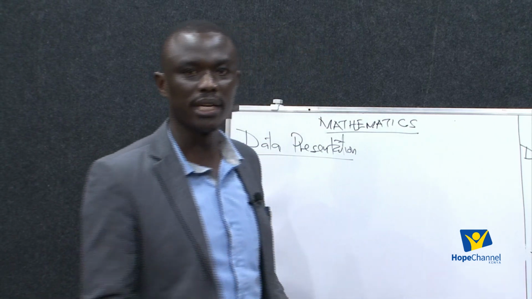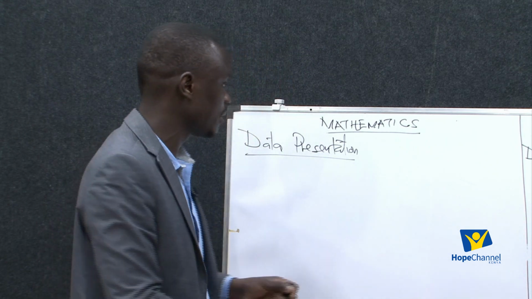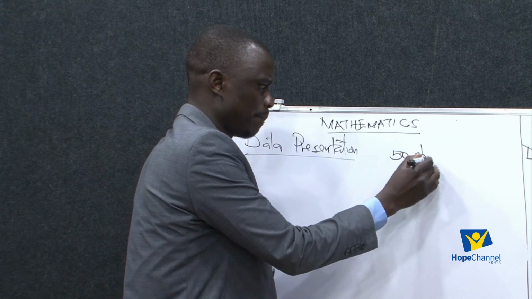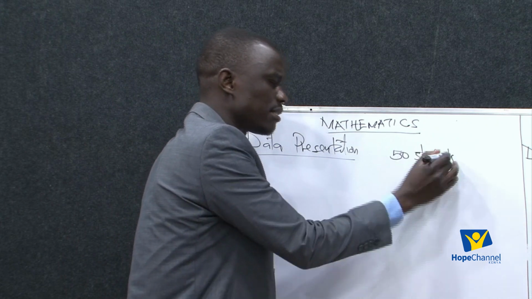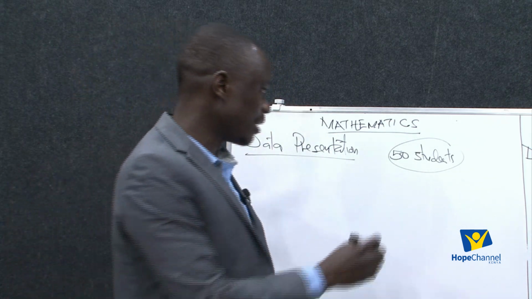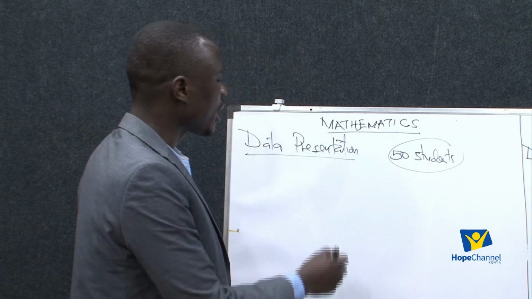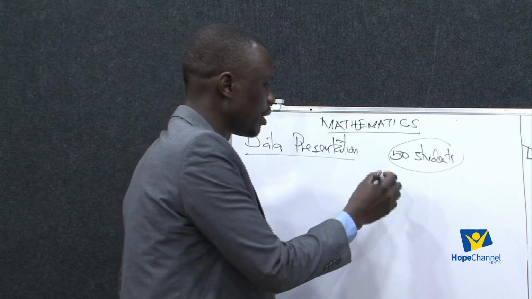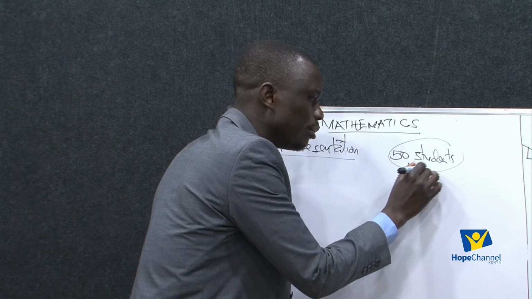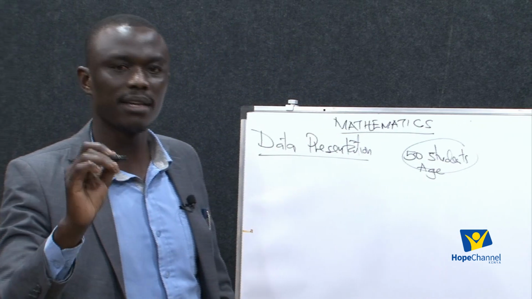Assuming that I go to your class, and this class has 50 students, and I want everybody to tell me their age. I want to know the age of students in this class.